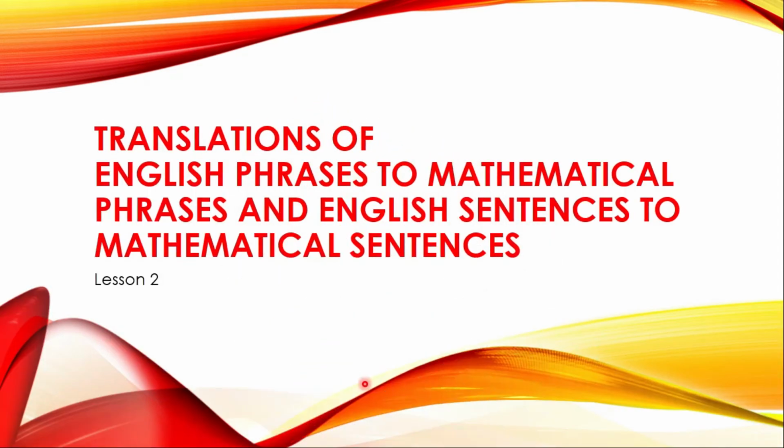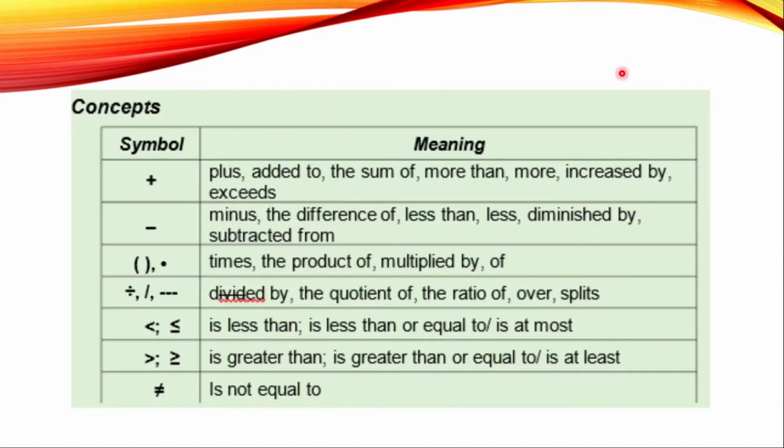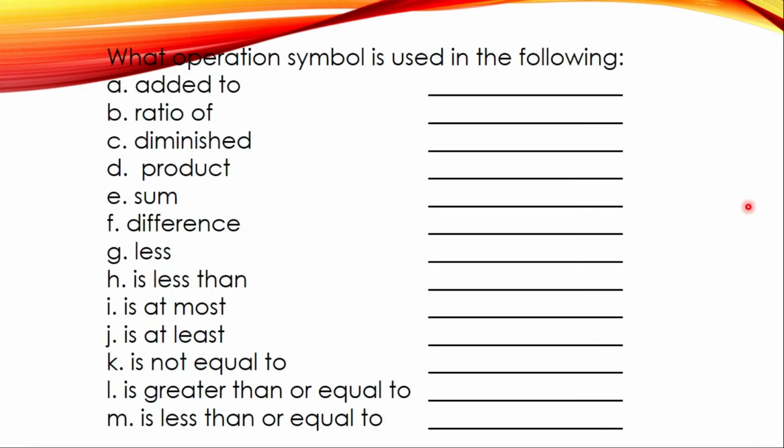Next, let's have the translations of English phrases to mathematical phrases and English sentences to mathematical sentences. That's lesson 2. Just take a look at this portion. Okay, so let's have the following examples.